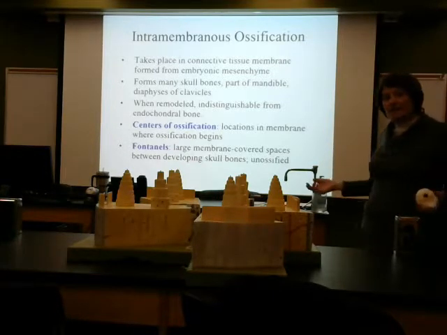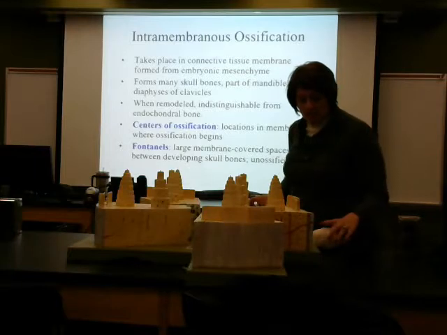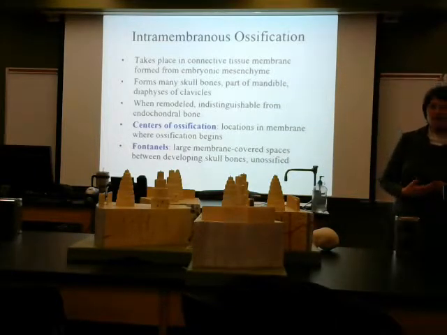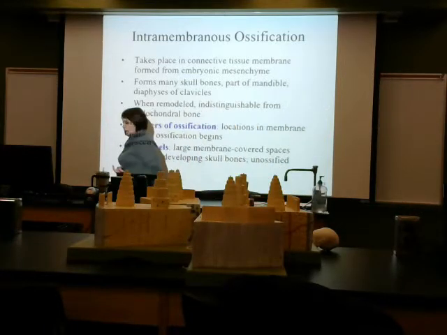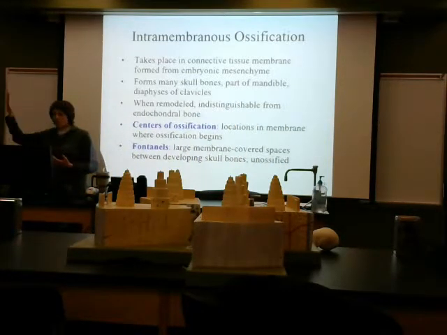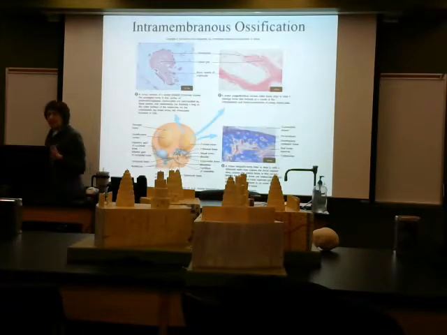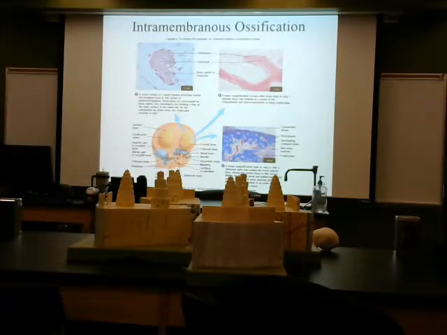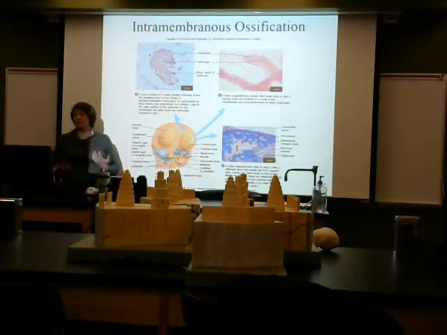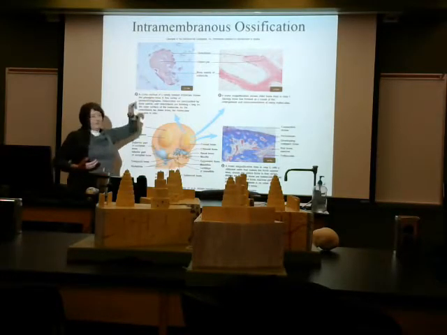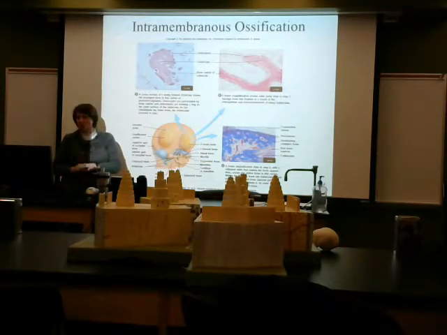And we usually take care of those areas because we know that's an area that hasn't hardened, and anything that pushes in can actually damage the brain tissue. So in those connective tissue layers, there are cells present to give rise to bone, embedded in the connective tissue.